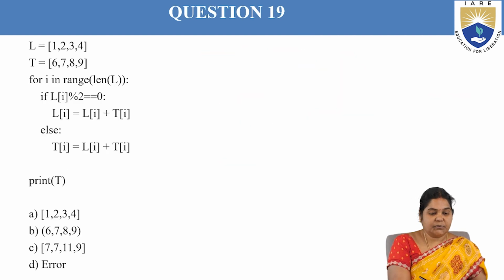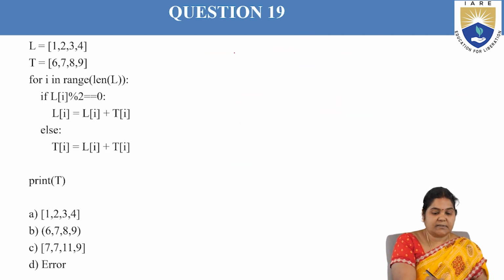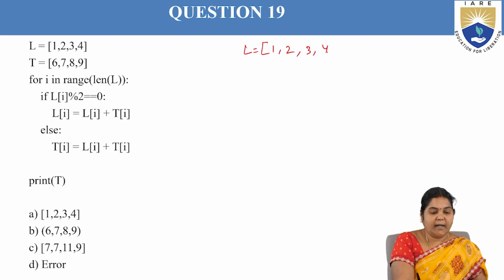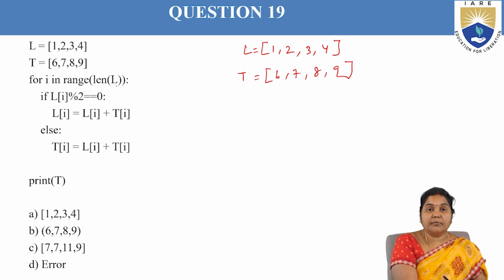In the next question, we have a list L containing 1, 2, 3, 4, and another list T containing 6, 7, 8 and 9. For I in range of length of L, which is 4, the loop will run for 0, 1, 2 and 3, that is 4 times.